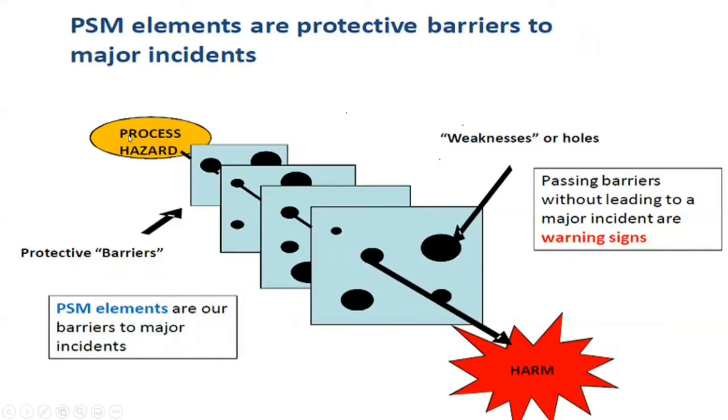Here are the hazards, and this barrier is set to prevent the event from happening. He defined the holes as the weakness points. If it passes through these holes, the consequence may be raised. So we need to set other protection here to mitigate the consequence.